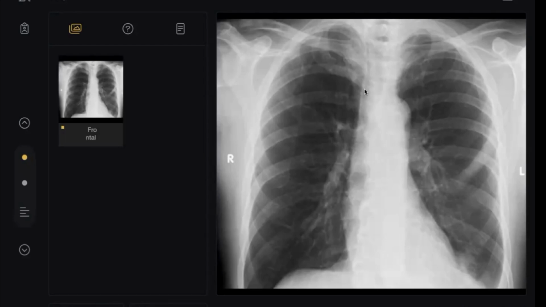However, no definite air bronchograms or consolidation is seen. There is a sclerotic anterior rib noted on the left side. I count one, two, three, four, fifth rib anteriorly appears mildly sclerotic.